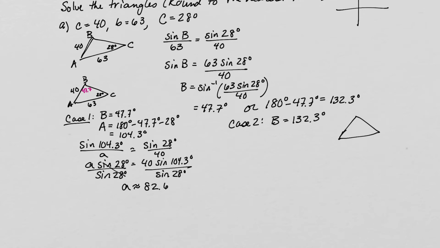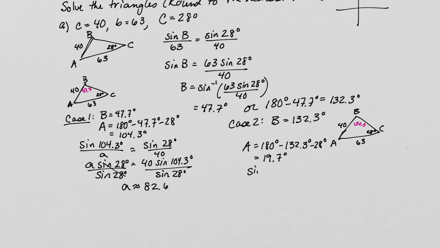Again, my triangle has A, B, C, with 28 degrees, B is 132.3 degrees, this side is still 63, and this side is still 40. Same as before, A is 180 degrees minus 132.3 degrees minus 28 degrees, which turns out to be 19.7 degrees.